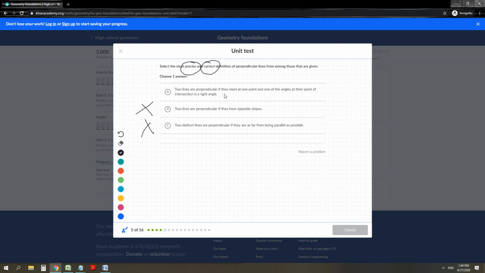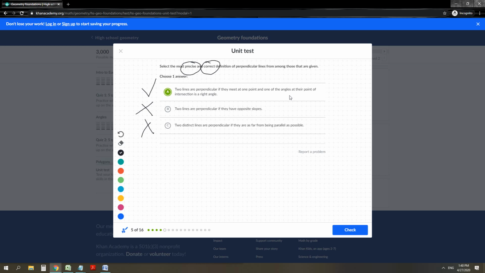Two lines are perpendicular if they meet at one point and one of the angles at their point of intersection is a right angle. We know that you have to have a right angle. You have to have a 90-degree angle to be perpendicular. This one is also saying you have to have a right angle or a 90-degree angle. This is going to be it. Notice it says one of the angles.